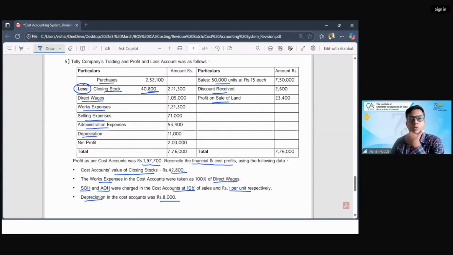Also, what is important to notice, these two are purely financial items which will not appear in the cost sheet. So we have to make adjustment for these also. What does not require adjustment is purchase and sales, because they are as they are, no change. Wages also, no change. Other than these, all other items given over here require your adjustment.